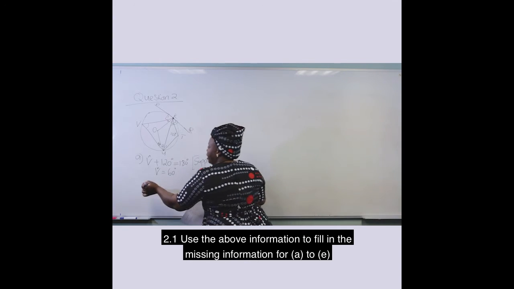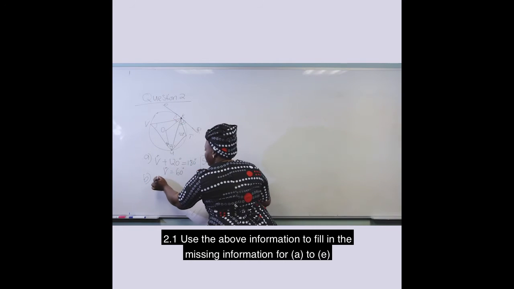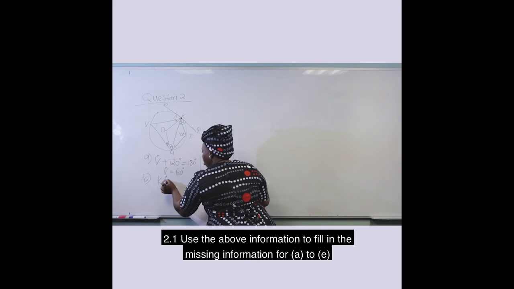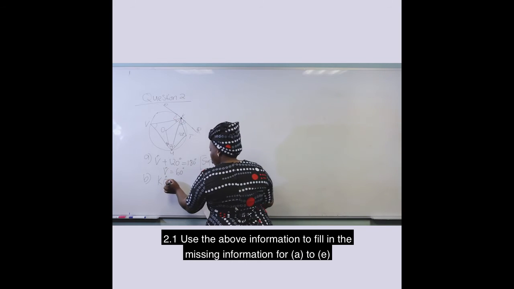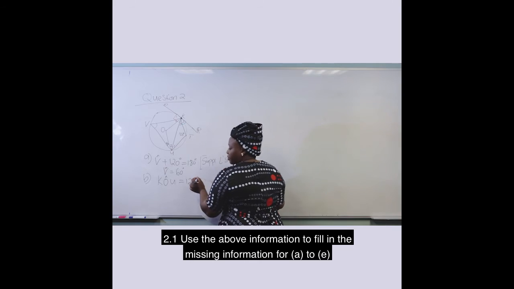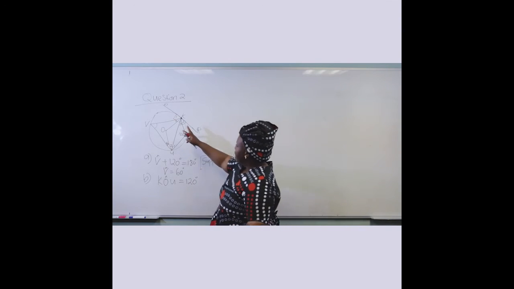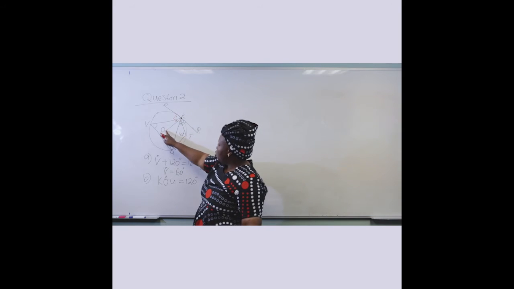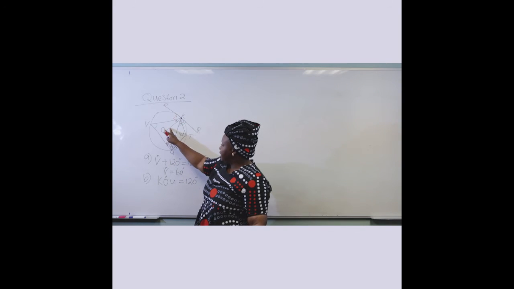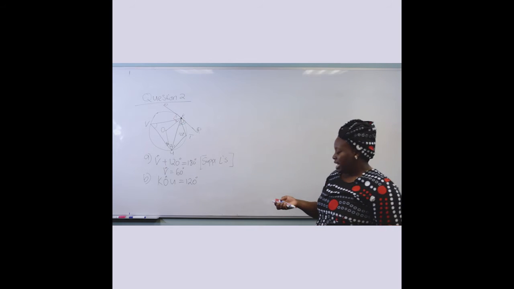Okay, number B. It says, what will be the reason of making K angle OU to be equals to 120 degrees? Now, where is K angle OU? This is K angle OU. What makes this angle to be 120 degrees? Folks, let's look at this.